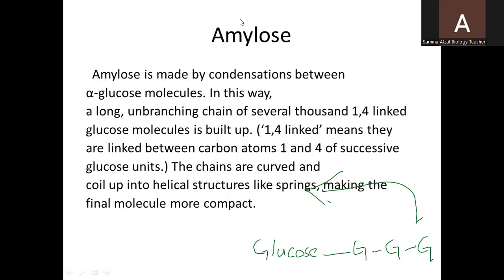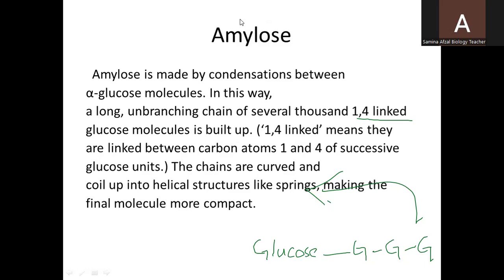Here you know that there are two types of glucose molecules, alpha glucose and beta glucose. Amylose, or starch, is formed by alpha glucose molecules in which the hydroxyl group is in the downward direction. In this way, a long unbranching chain of several thousand 1,4 linked glucose molecules will build up. That is, the first carbon of one glucose molecule makes a glycosidic bond with carbon number 4 of the second molecule.